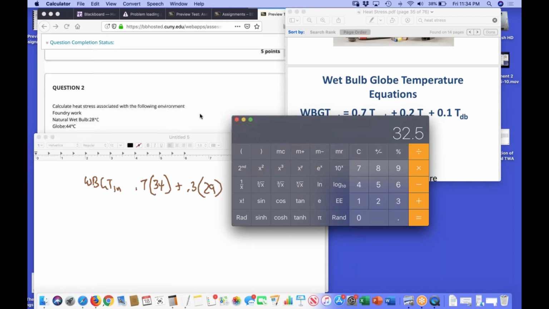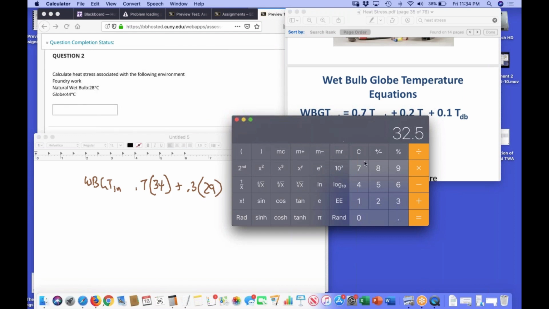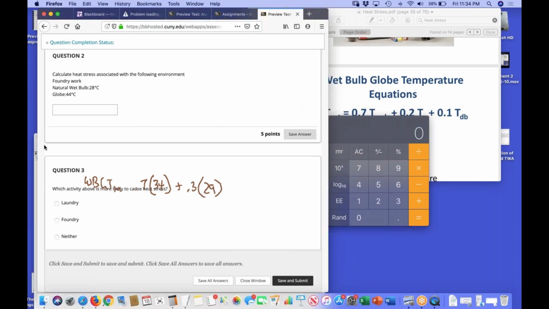If we move on to the next one, which is very similar, I'm going to clear this out and ask about a foundry worker this time.